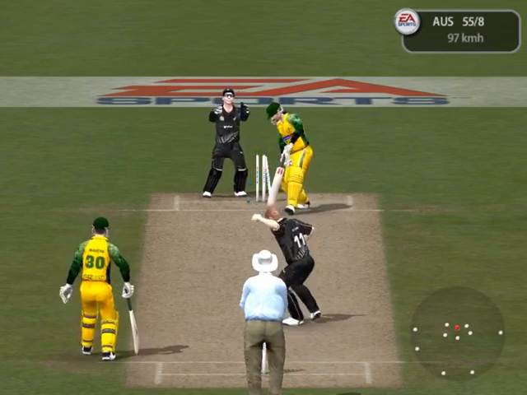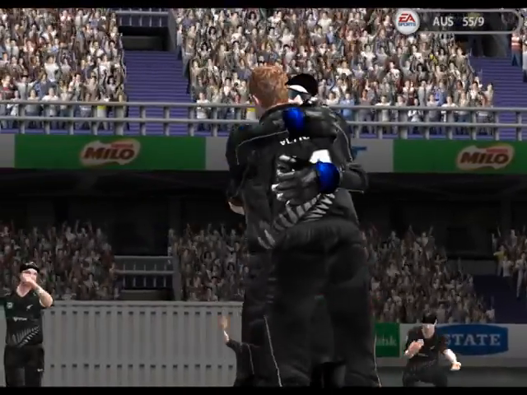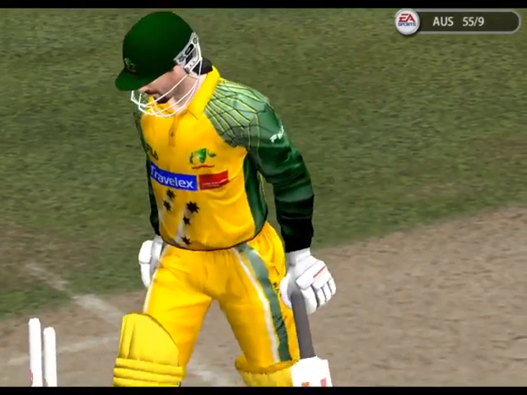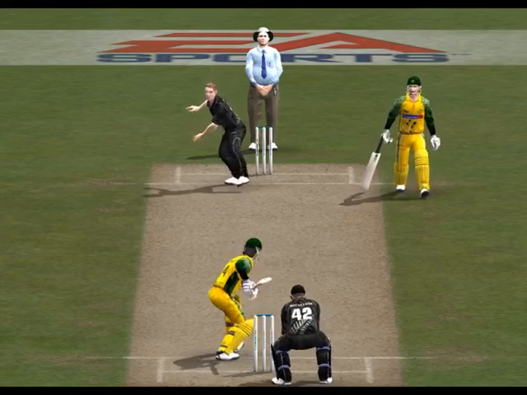Vettori has got him. He played completely down the wrong line and it made a mess of the stumps. This was how the innings ended for Gillespie.